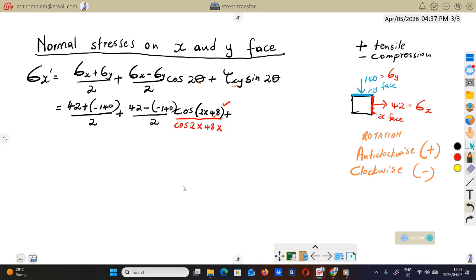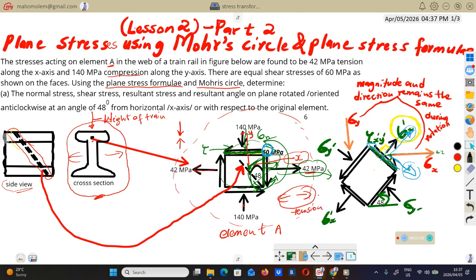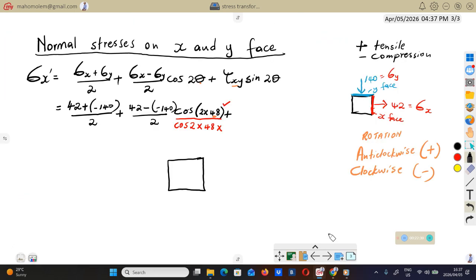To determine whether the shear stress is clockwise or anti-clockwise, you go back to the element. So when I check on the element, when you check on the X face, you will see this downward line.